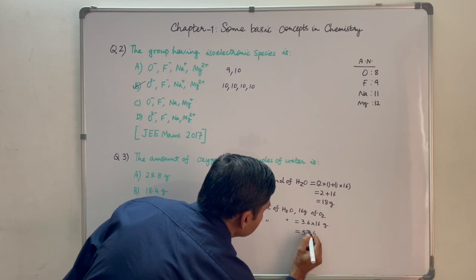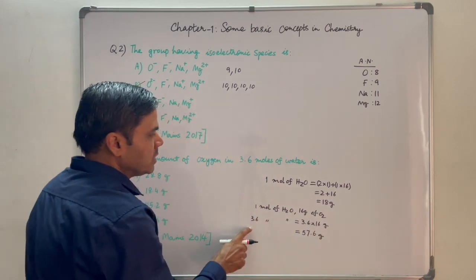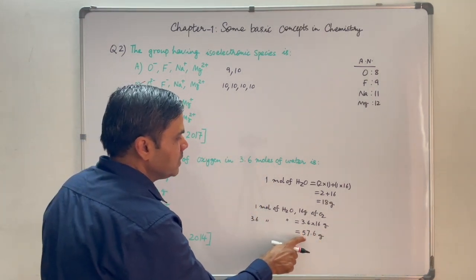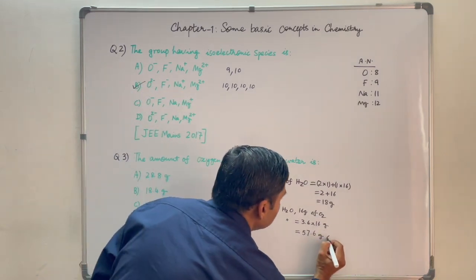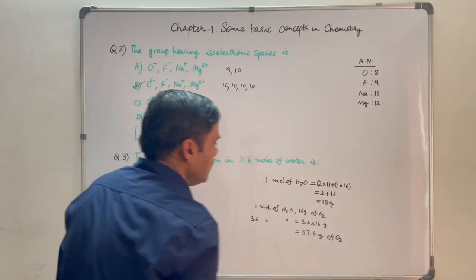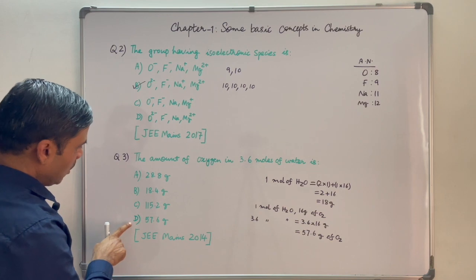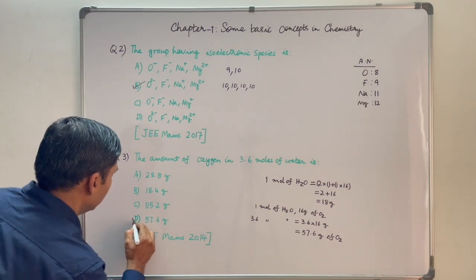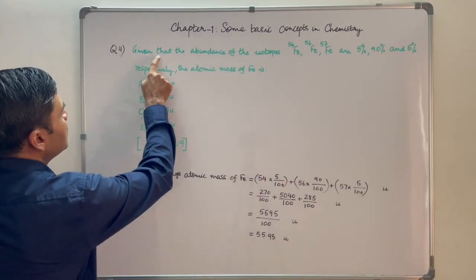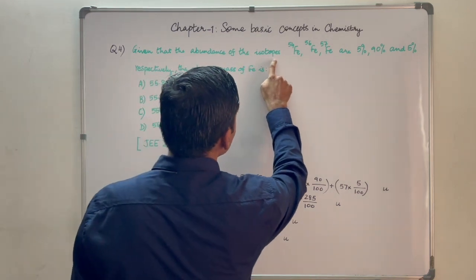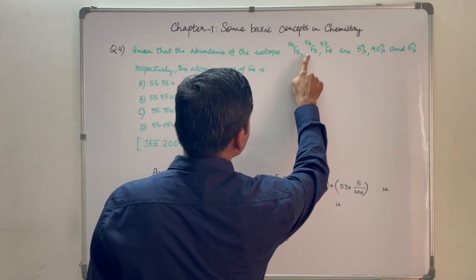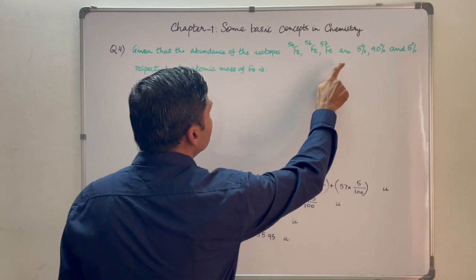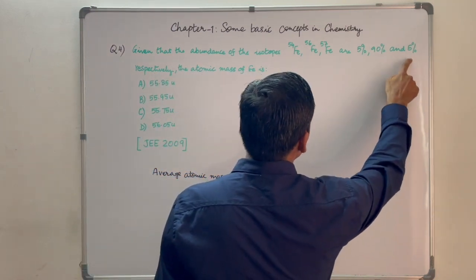That is 57. So in 3.6 moles of water, there is 57.6 gram of oxygen. So let us see which option is correct. Option D is correct.